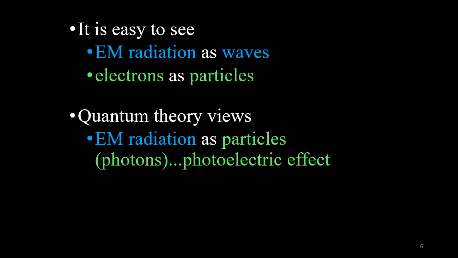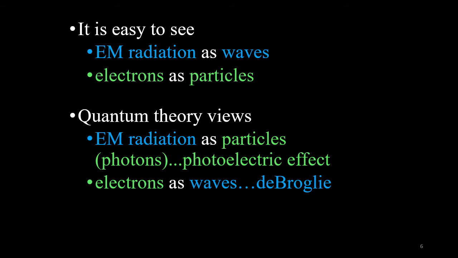A light particle is called a photon. So we get this photoelectric effect. We'll be talking about that in a minute. That shows us the particle nature of light. And then we can also view electrons as waves, which is not very intuitive, but electrons can be analyzed and studied as waves, and we can explain their behavior if we look at them as waves.